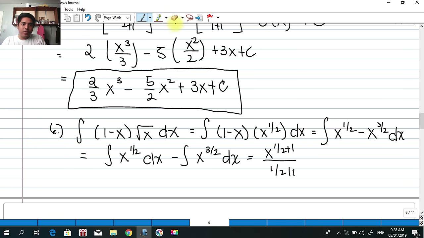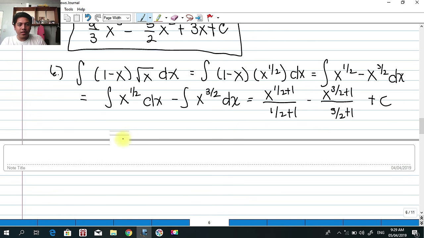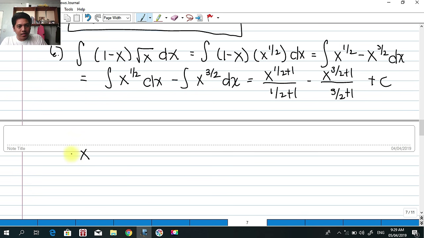Oops, let me just erase that. So that should be 1 half plus 1. Okay? Minus x raised to 3 halves plus 1 over 3 halves plus 1. Okay? Plus c, of course, at the end. So evaluating x raised to 1 half plus 1, that is x raised to 3 halves over also 3 halves.